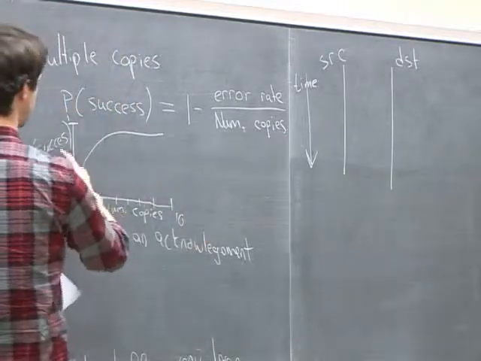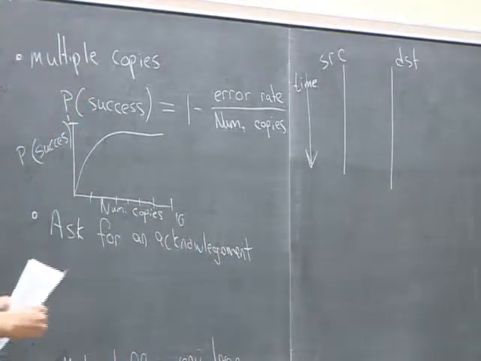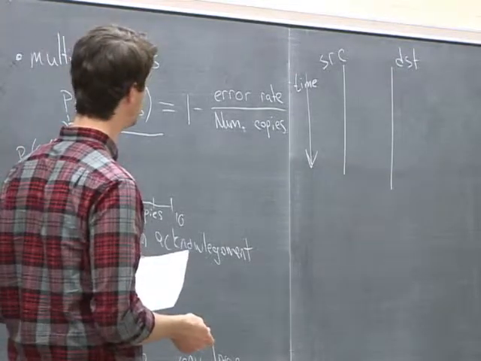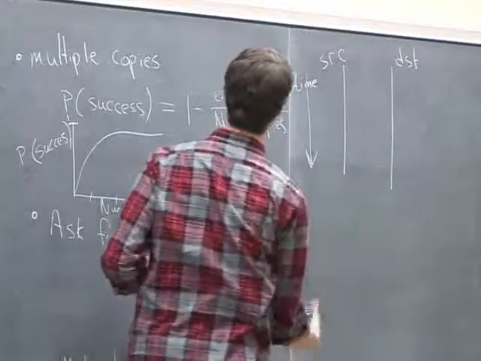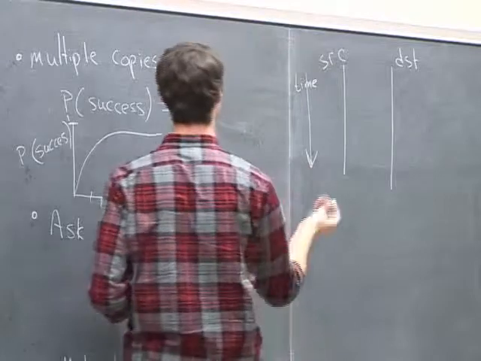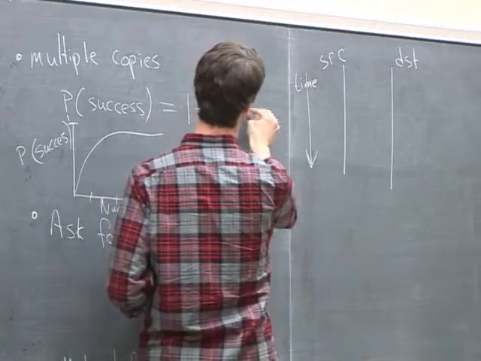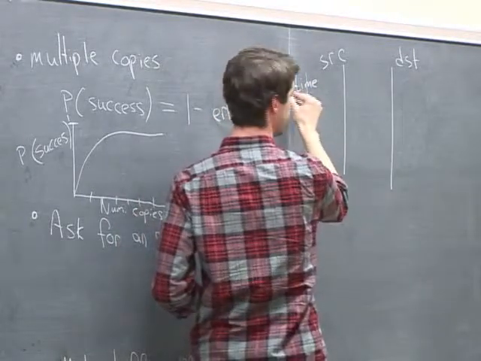If you send 10 copies, this is the probability that one of them will make it through. Then shouldn't the formula be 1 minus error rate with an exponent? Yeah, it should actually be that. Okay, sorry about that. It's the error rate raised to the exponent of the number of copies, right?